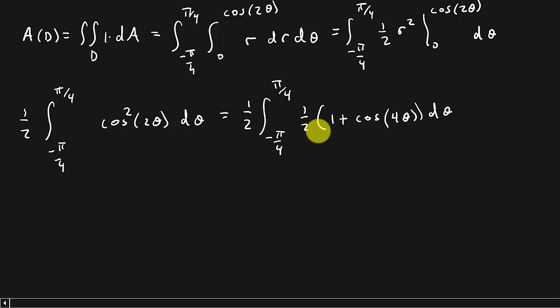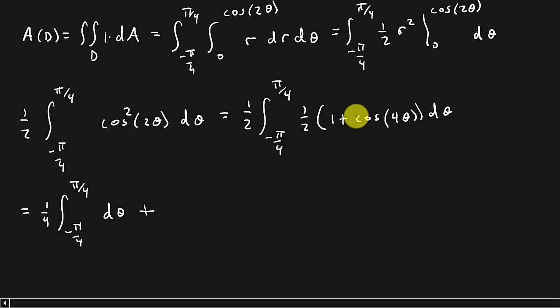Let's split them up. We'll do them each separately because I'm going to have to use U substitution on here. And so what I get now is 1/4 from negative pi over 4 to pi over 4 of d theta. That's 1 d theta. I got the 1/2 and the 1/2. That's where my 1/4 comes from.